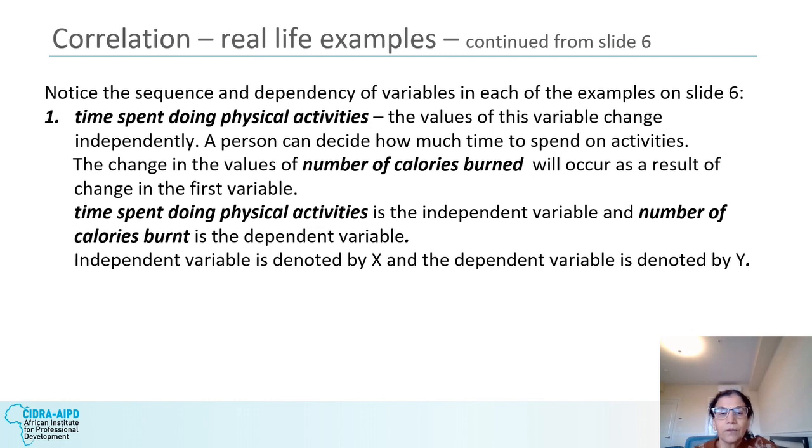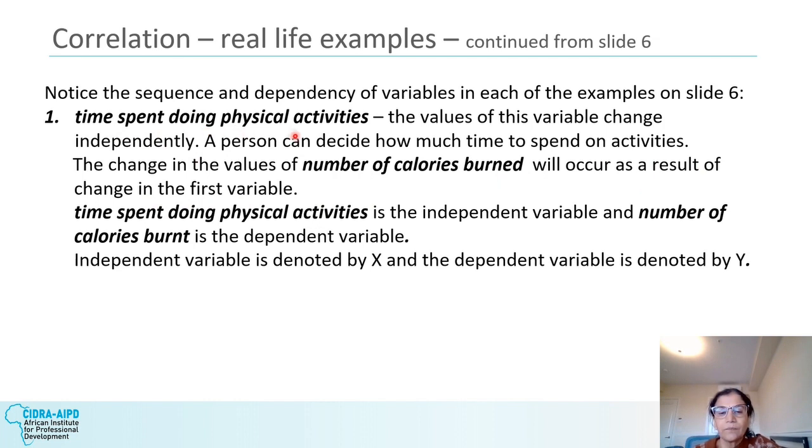We are continuing with the examples that we saw on the previous slide. We had seen two variables, time spent doing physical activities, the values of which change independently. A person can decide how much time to spend on activities. The change in the values of number of calories burned will occur as a result of the change in this variable.